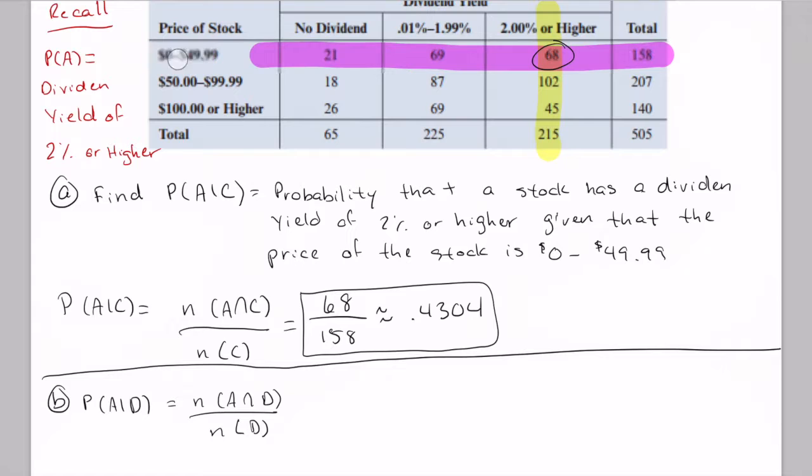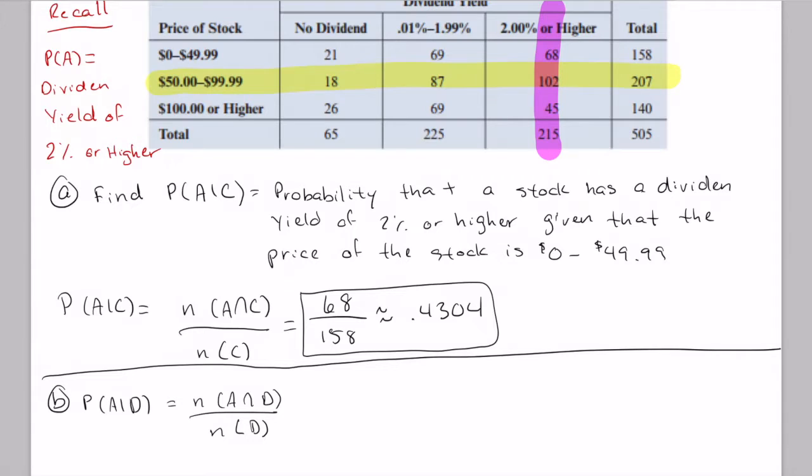So let's erase everything from here to have it clear. Now, again, this is D, and that is A. So again, we have equals 102 out of 207, which is approximately 0.4928.